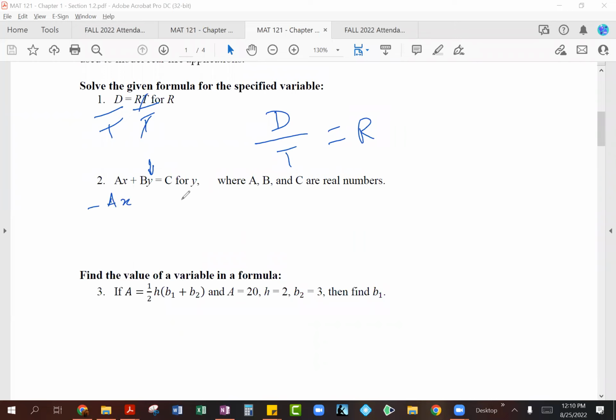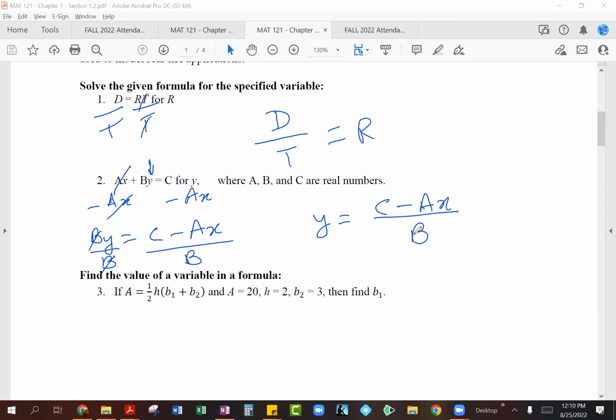So we subtract that AX, and you're left with BY equals C minus AX. And then to get the Y by itself, there you go, divide by B. As you can see, we end up with Y equals C minus AX over B.